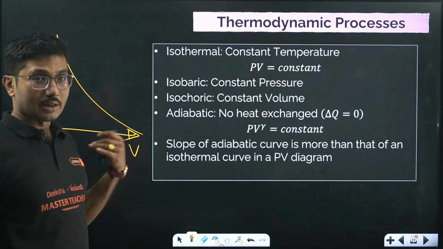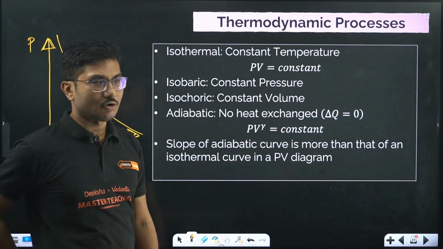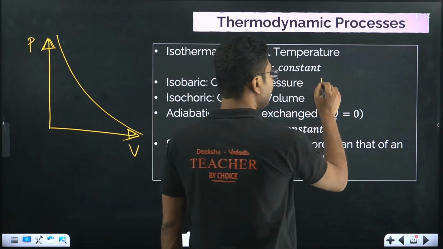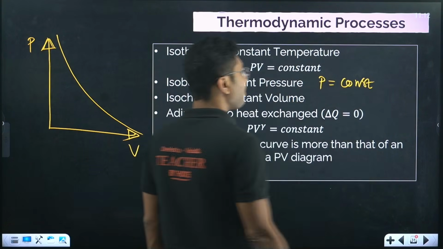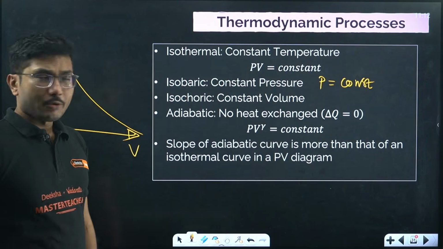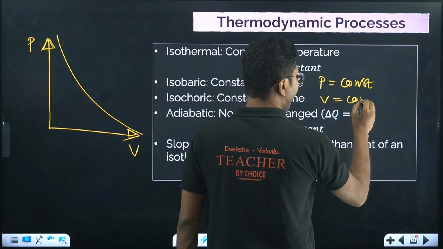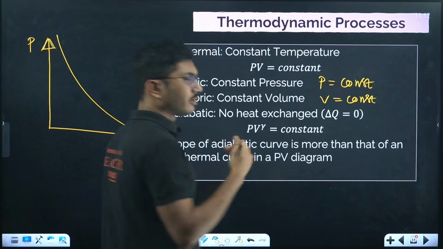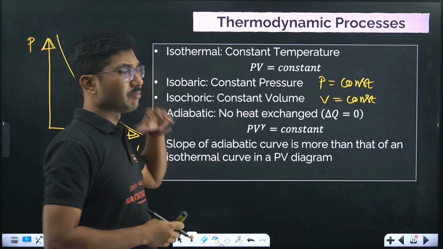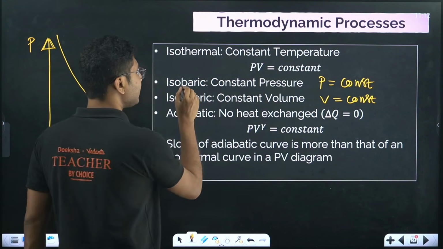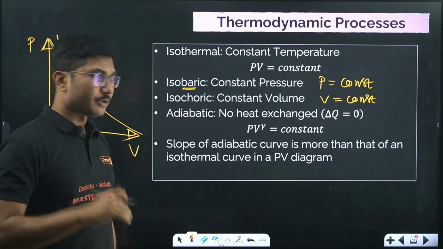Now there are a few other processes. Isobaric process means pressure itself is constant. So here only P is constant. What about isochoric process? Isochoric process means volume is constant. Based on this you might see a small conceptual question, so you have to remember these terms. Remember that bar means pressure. Bar is a term used for pressure.